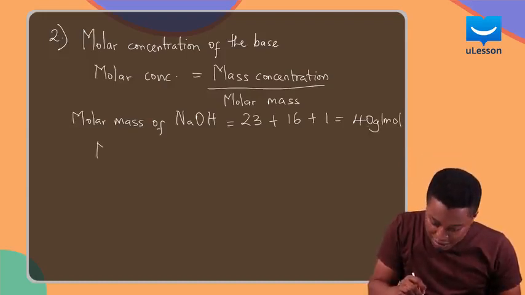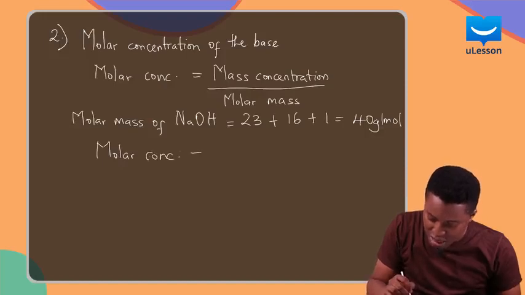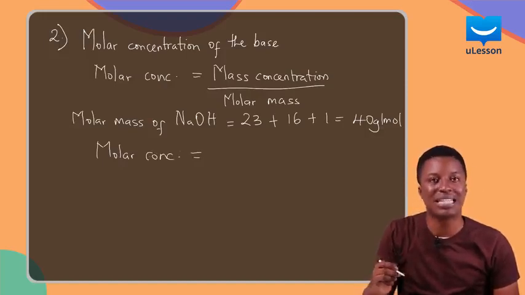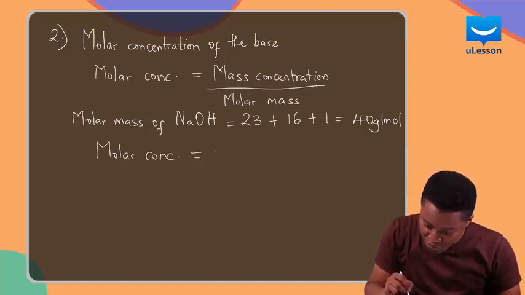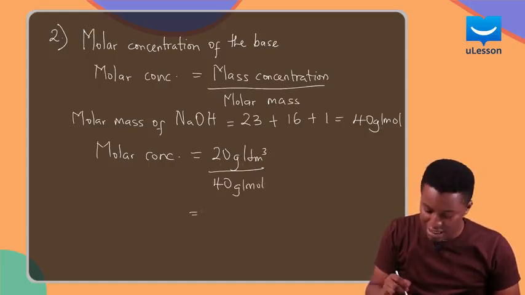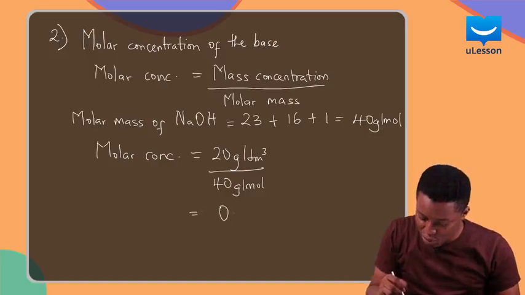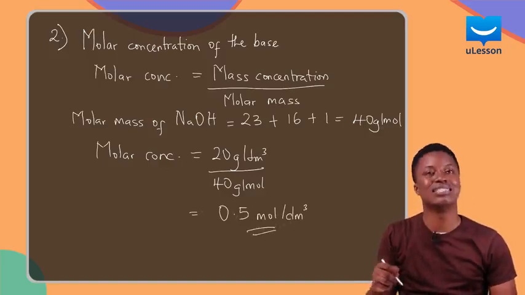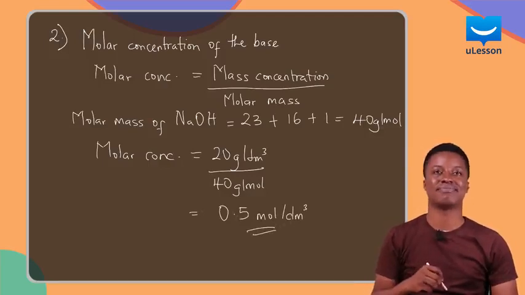Molar concentration equals the mass concentration we obtained to be 20 grams per dm cube, divided by 40 grams per mole. When we divide this, we should obtain 0.5 mole per dm cube. So this is the molar concentration of the base.